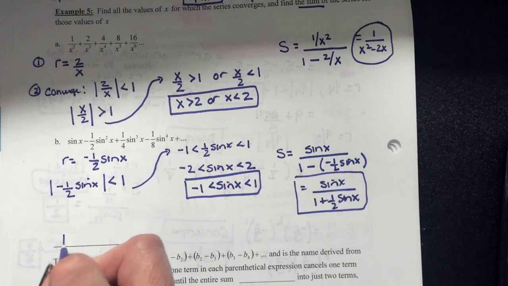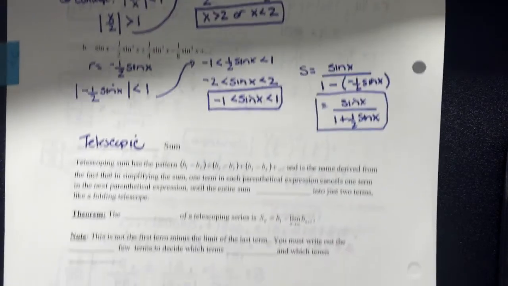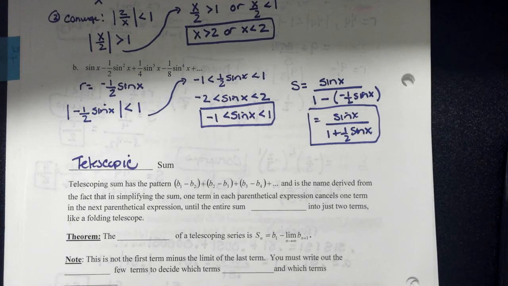Okay, so this is a new series: telescopic sums, or telescoping series. The reason we call this telescopic is that if you think of a telescope, you pull it out and you pull it back in, it collapses. That's exactly what happens with a telescopic sum.